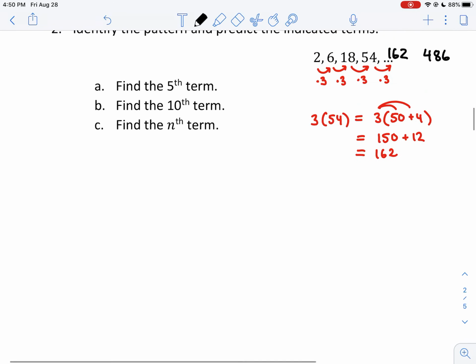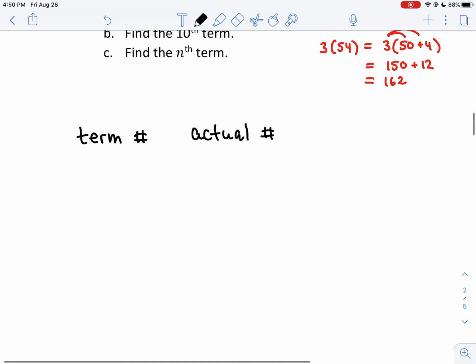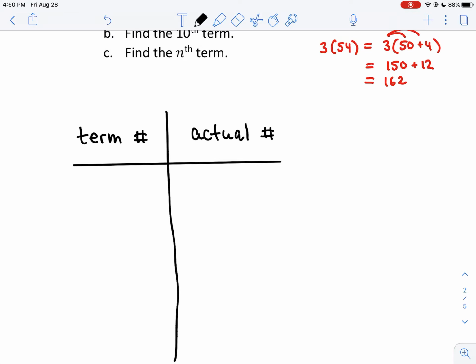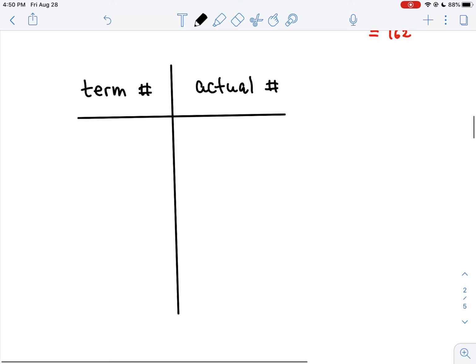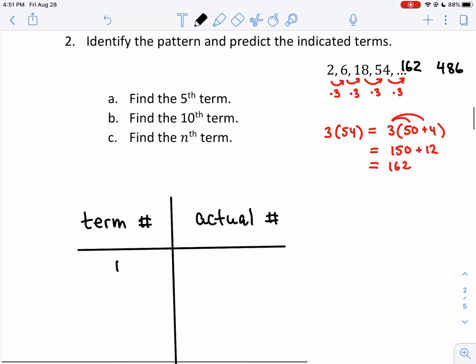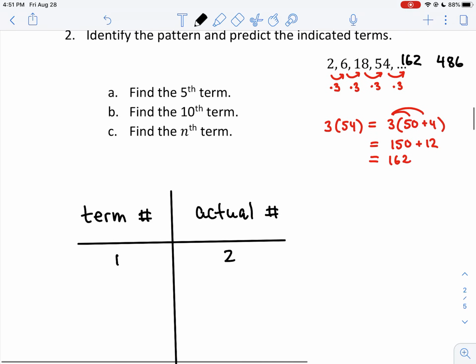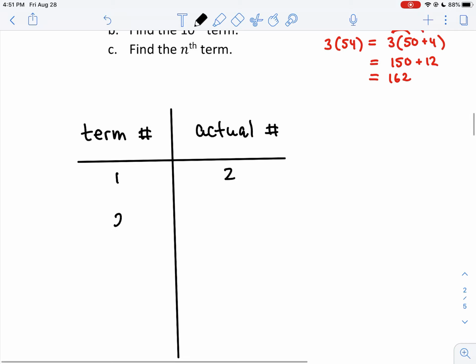To do this, I'm going to repeat something similar to what we did before. So we're going to have the term number, make a table, and then the actual number in the list. Okay, so the first term of this list was 2. The second term in this list was 2 times 3.